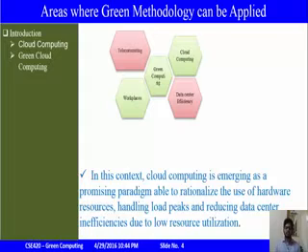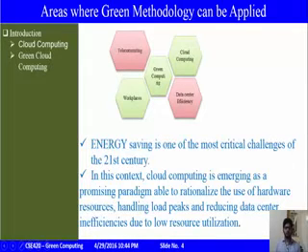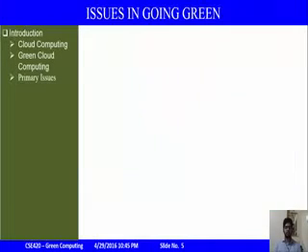In this context, cloud computing is emerging as a promising paradigm able to rationalize the use of software and hardware resources, handling load peaks, and reducing data center inefficiencies due to low resource utilization. Hence, green methodology is very efficient in saving energy and also the costs of companies. Energy saving is one of the most critical challenges of the 21st century, and hence green computing fits just right in.